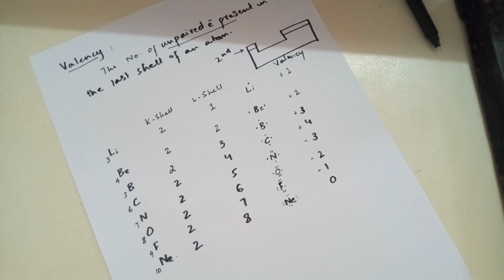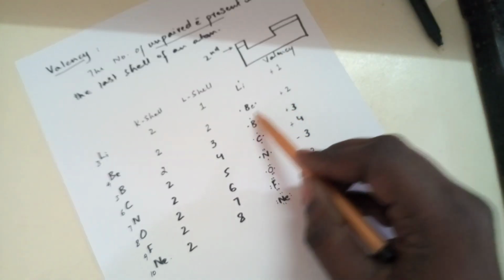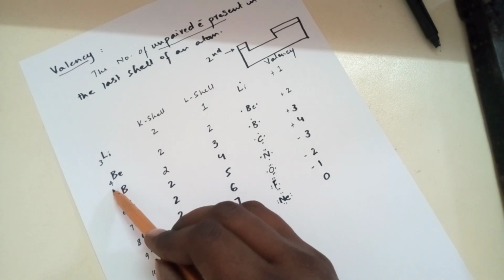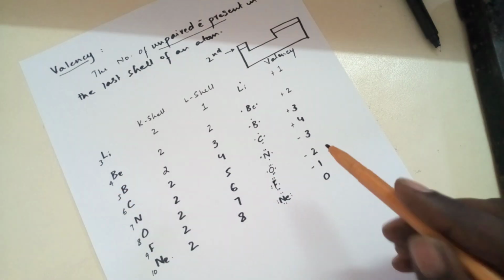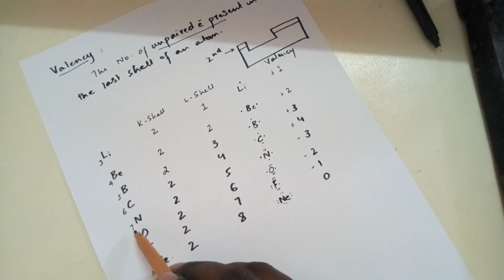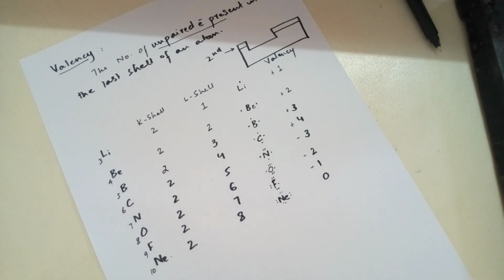Now if I talk about an element having a valency of plus 2, it means I'm clearly talking about beryllium. Or let's say if I talk about any element having a valency of minus 3, it means I'm talking about nitrogen. So this clearly indicates, now the concept is a bit clear.